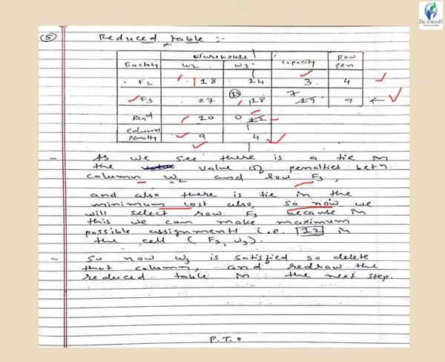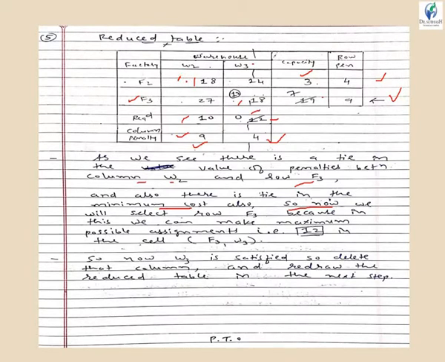So 12 is larger than 3, so we will select this row for the allocation, because in this particular row we can do maximum allocation with 12 units. If you go with the column, only 3 units can be allocated.